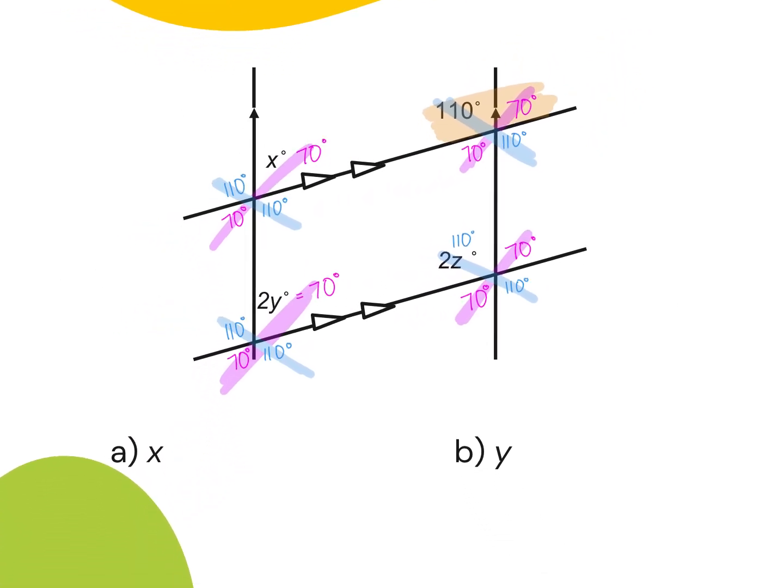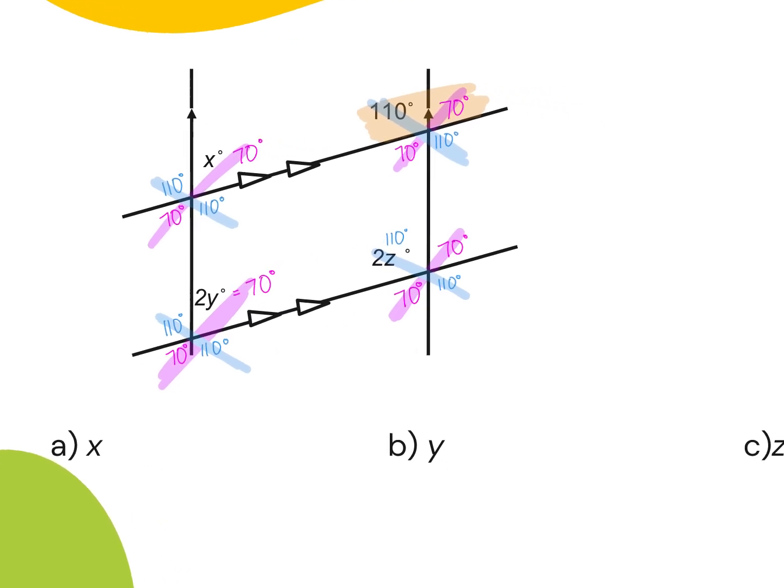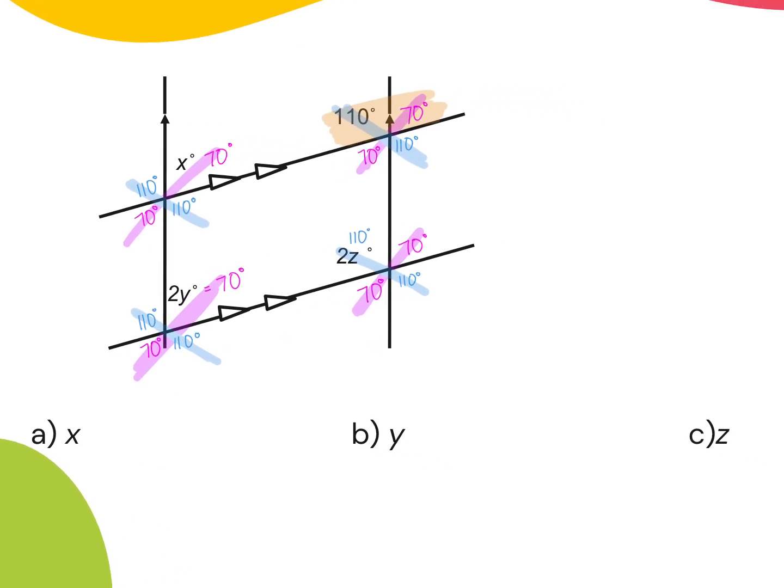All right, now that we know that information, I can go ahead and find what I am missing. So x equals what? 70 degrees. Y. Okay, they're not giving me y, but I have 2y equals 70, so how would I find out y? Good, divide by 2, and y would equal?